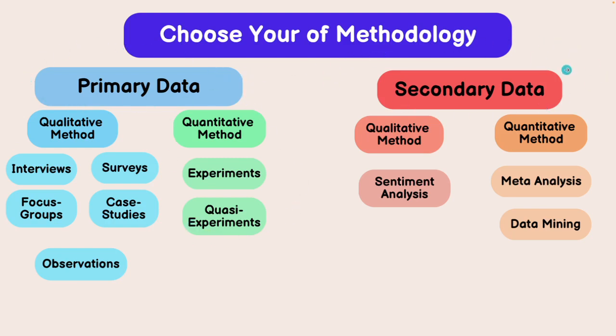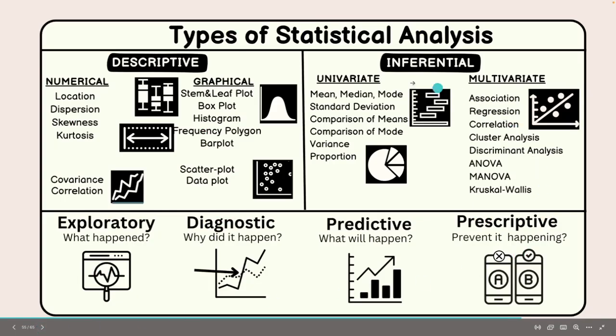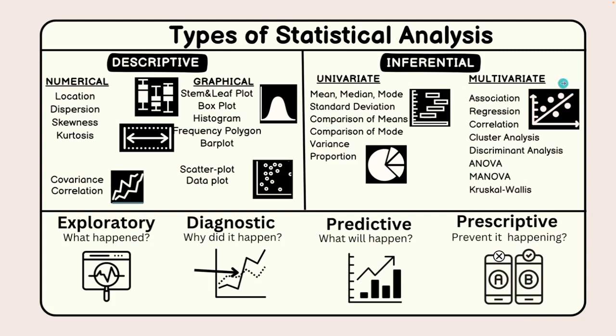Or are you going to use secondary data? And again, even among the secondary data, there is qualitative with respect to sentiment analysis. And then there's quantitative. You can do a meta analysis or a data mining type of analysis. And that's going to then determine what type of test you're going to do here. Which one of these formulas, these mathematical statistical principles will you apply?